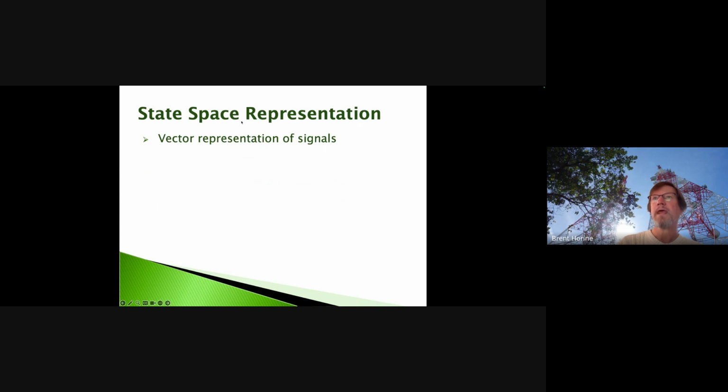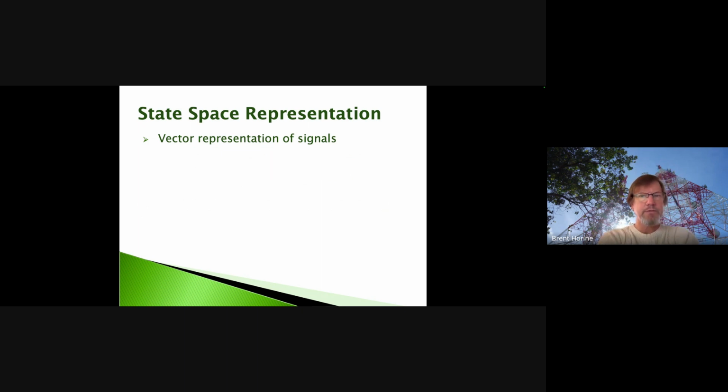deliberately now. So the first thing we want to cover is the state space representation of our signals. And so when we've looked at these signals, they've been cosines or exponentials, that type of thing, right? And that's nice, right?